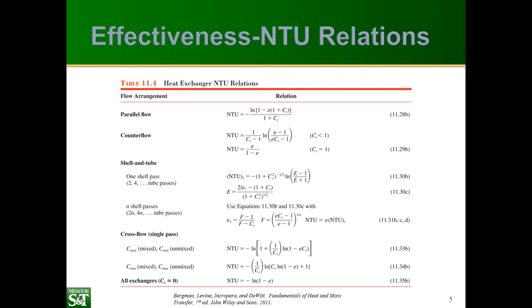Again, see we have special relationships when the heat capacity ratio is 1 or 0. But we can go back through, calculate NTU, and then look at our design to figure out the parameter we need, whether it's number of tubes or length or what have you. And this is going to require some engineering design and thought to go into these kinds of analyses. So we're going to work on this during class for this module.